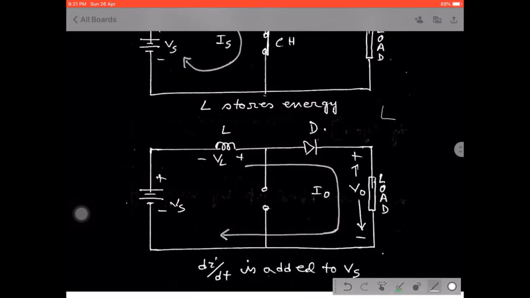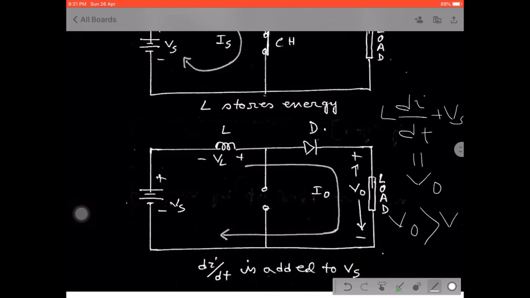That means L di/dt plus Vs is the actual voltage for VO. So we can say VO must be greater than Vs. That is why this is a step up chopper, as the output voltage is greater than the input voltage, just like a step up transformer.